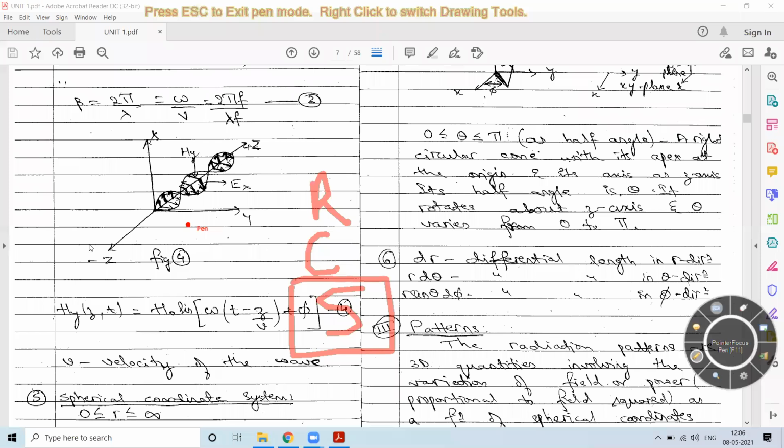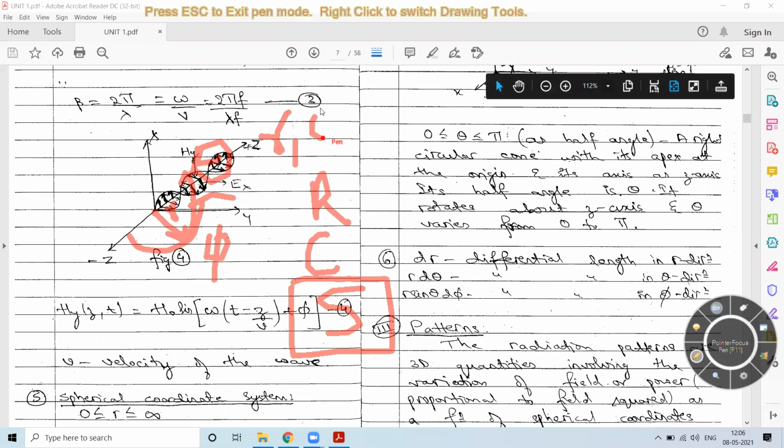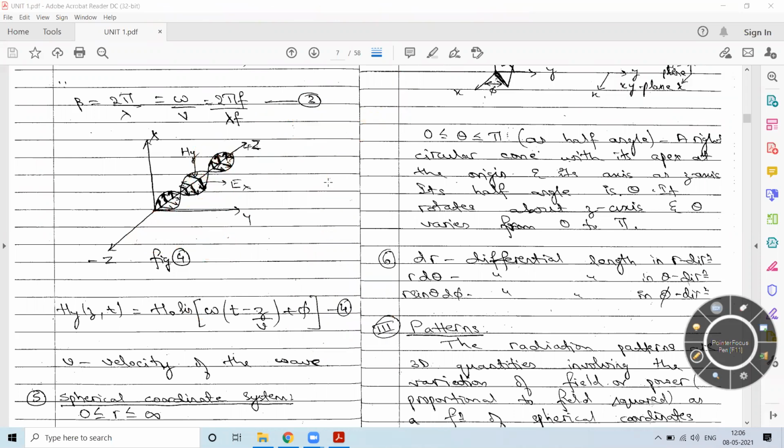Whenever we consider the XYZ axes and an antenna, we have to look at how this antenna is radiating at a particular distance and at different angles, along phi and along theta. So we have to look for our theta and phi components. Therefore, our foremost interest is related to the spherical coordinate system.